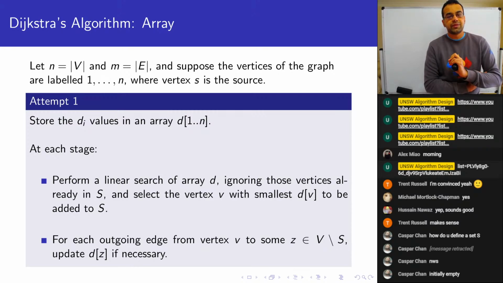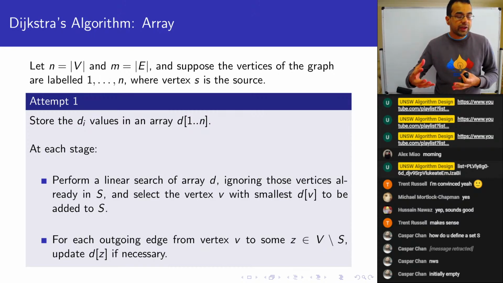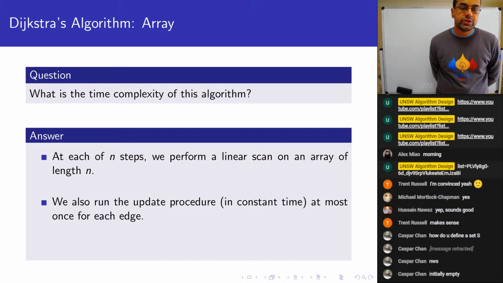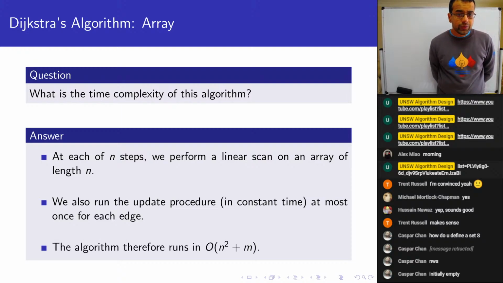For each new vertex, we consider all its outgoing edges, and every edge is outgoing from something, which means that for every edge, we eventually consider it in that second dot point exactly once in the entire running of this algorithm, which means that this second step runs m times in total, and the update procedure for d_z is constant time. So the update procedure runs in constant time, at most once for each edge, and therefore we can say this algorithm runs in n squared plus m time.